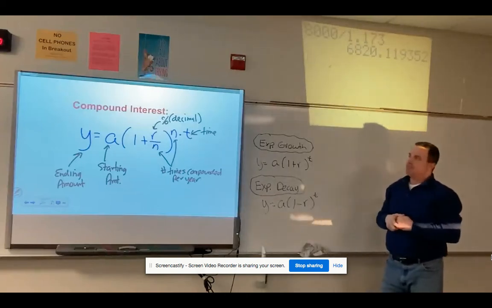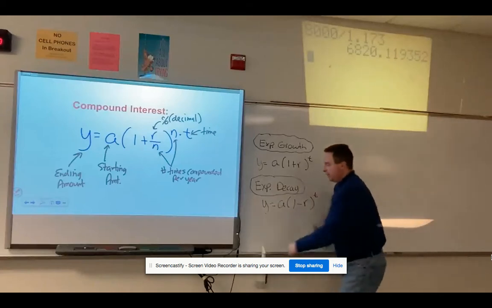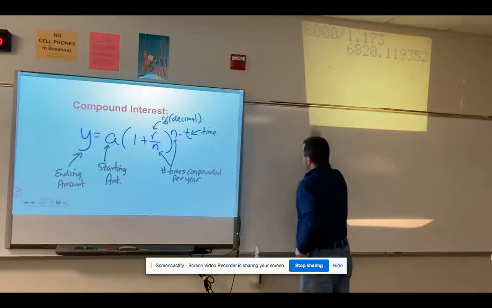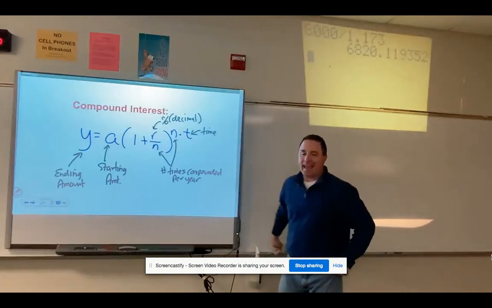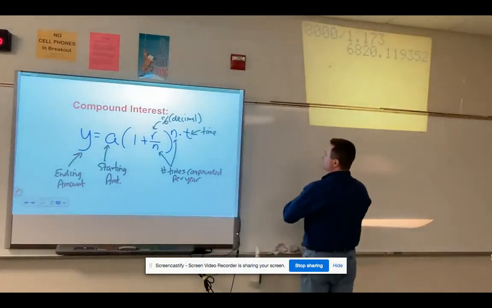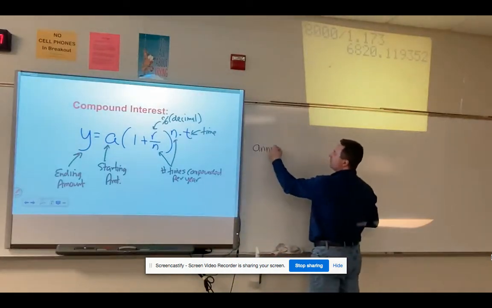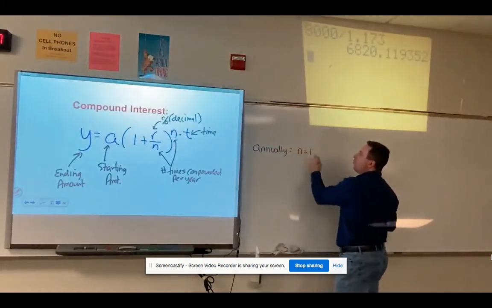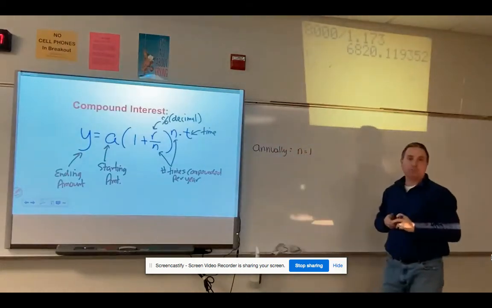There are some key words here that go with this. If something is compounded annually, how many times a year is annually? This again is something worth writing down. Annually is one time a year, each year.